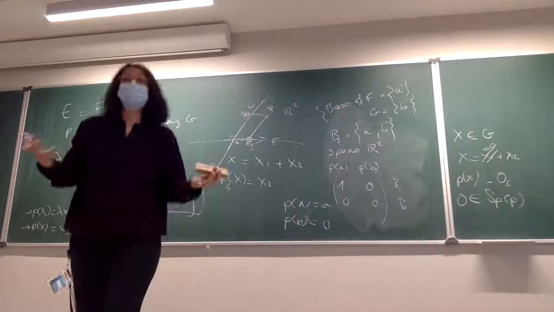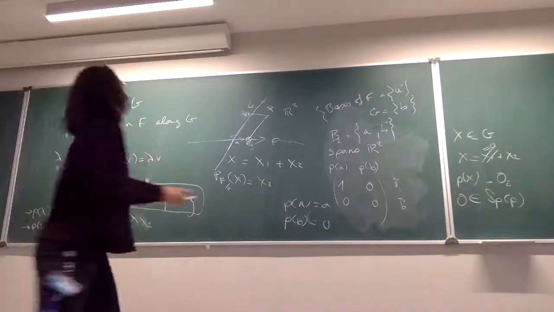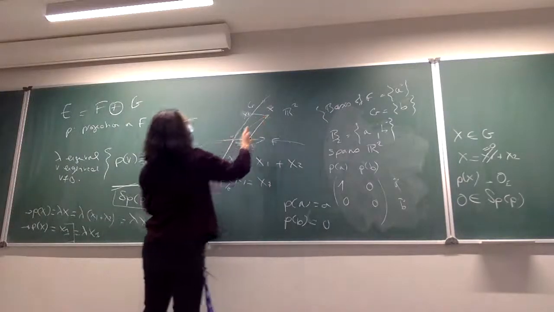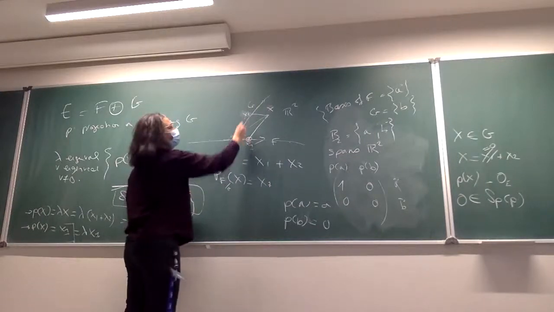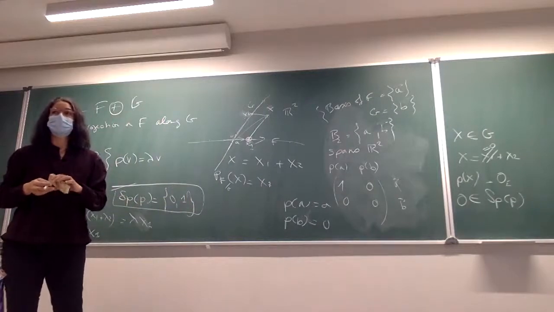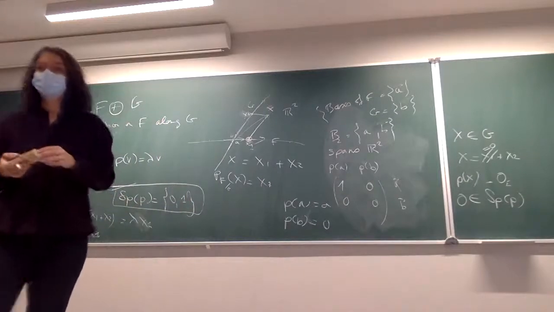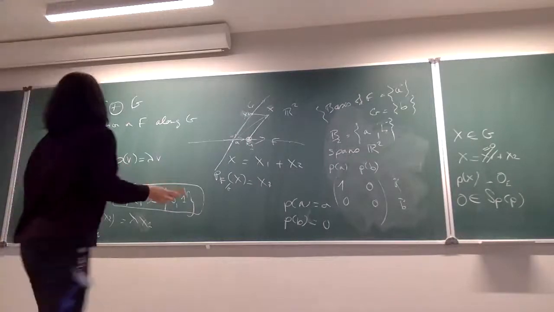In terms of vector space, we speak about vectors. So that's a vector that is composed of the sum of the vector here plus that vector. Yes? Let's see if you have understood.